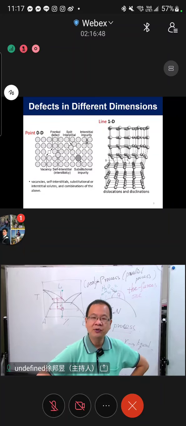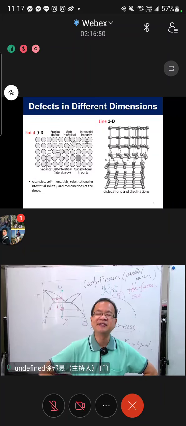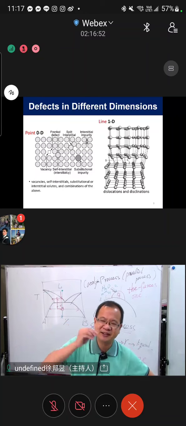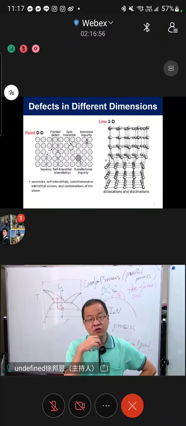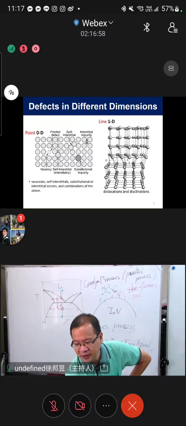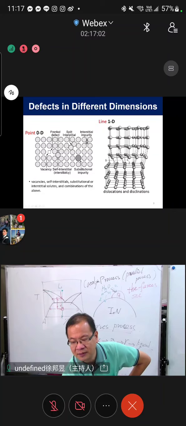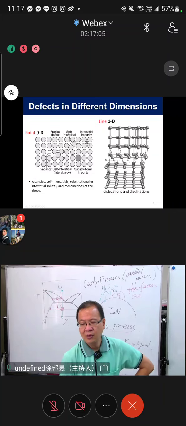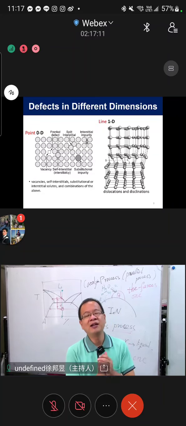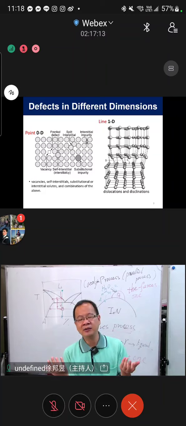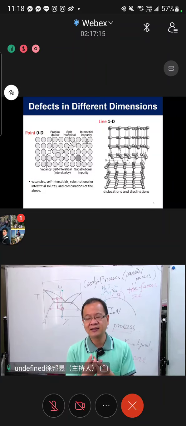We call this kind of defect an interstitial, meaning something you insert as an extra. We can also insert a very small impurity into the host crystal, and we call that an impurity, or a solute, because this is a combination of two different atoms in one solid, right? That's an example of a solid solution.